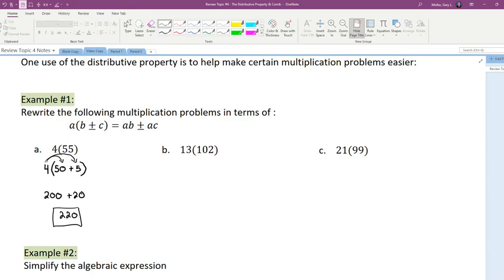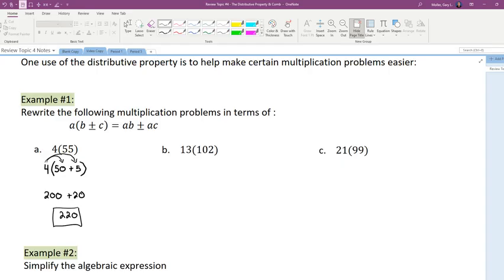All right, and 4 times 55 is not that hard, but let's now take a look at 13 times 102. All right, now I've got two-digit multiplication, and that's going to get annoying, and I don't really want to do it. And if my calculator's handy, I'm probably just going to grab it. But I could also do this pretty easily. And by the way, the answer is just going to be 1,326.